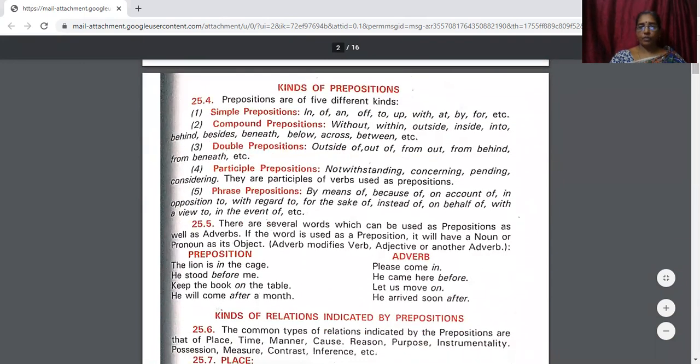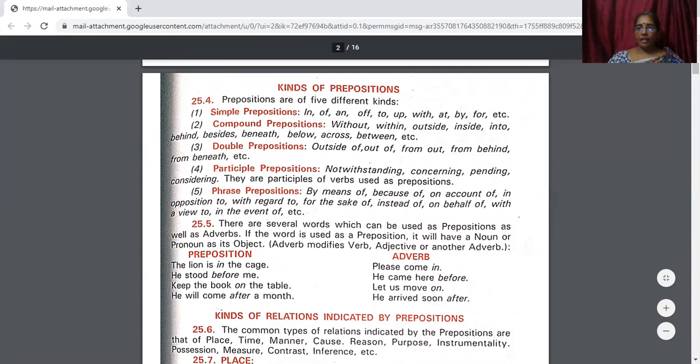Now, kinds of prepositions. Prepositions are of 5 different kinds: simple prepositions, compound prepositions, double prepositions, participle prepositions, phrase prepositions.